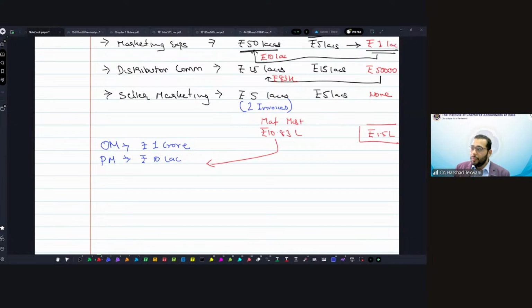Now, in this kind of scenario, we generally don't close our testing at this point, because the misstatement here is in the nature of a projection. Are you getting the point? This misstatement is a projected misstatement, not the actual misstatement.